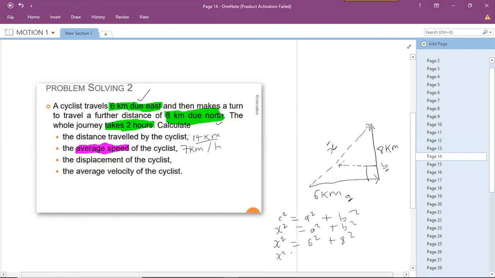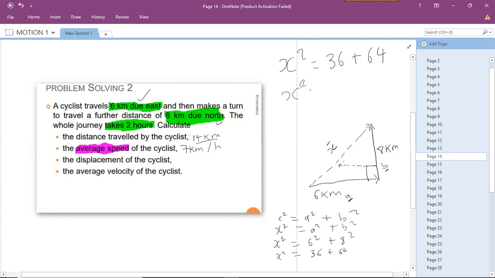X squared is equal to, this is 6 times 6, it would be 36. 8 times 8 is 64. Then if we add, let me complete it here so that you can see. It says x squared is equal to 36 plus 64, that would be 100.